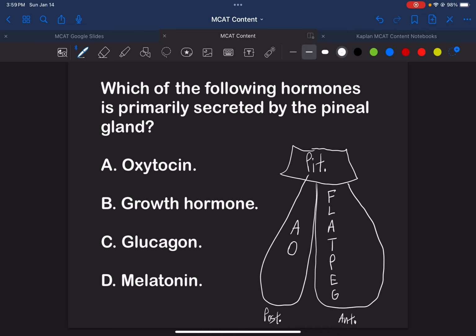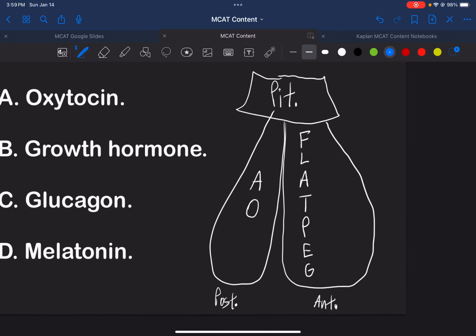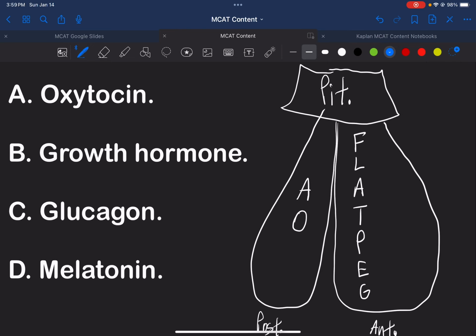And so for the pituitary, and you need to know this, for the anterior side, I want you to guess, see if you know what it is before I tell you them all. But the F stands for follicle stimulating hormone, or FSH. The L stands for, you guessed it, luteinizing hormone, or LH. The A stands for adrenocorticotropic hormone, or ACTH.